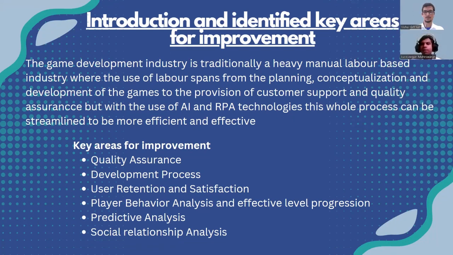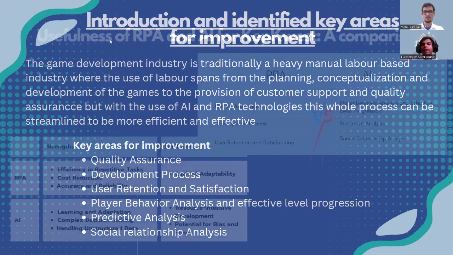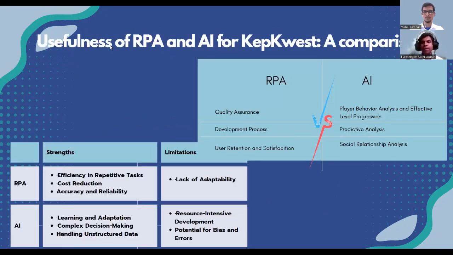Thank you, Radhi. So now we will focus on how RPA and AI can be applied to the areas we have found out. So generally, what RPA is, what we have done so far is automating the repetitive tasks, which mirrors human work.